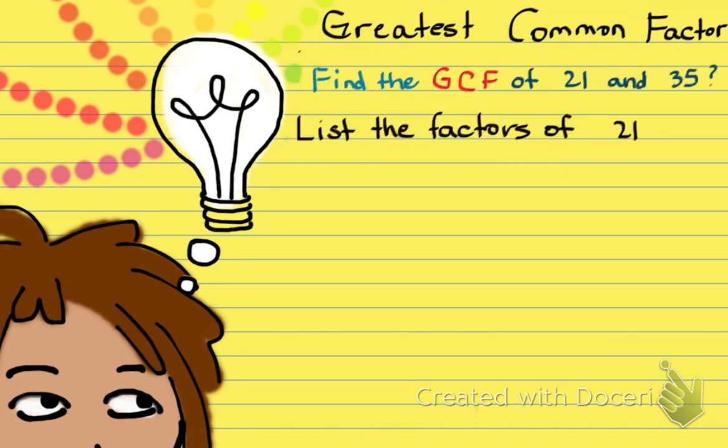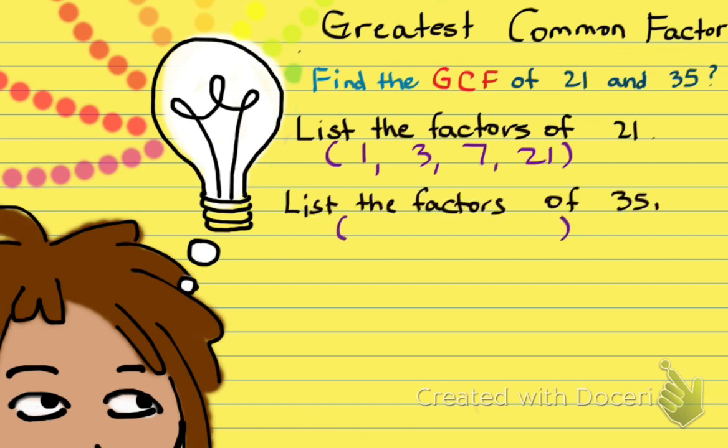Let us try another example. Find the GCF of 21 and 35. Let's list the factors first of 21. We have 1 times 21 equals 21, and we have 3 times 7 equals 21. Then we're gonna find the factors of 35.